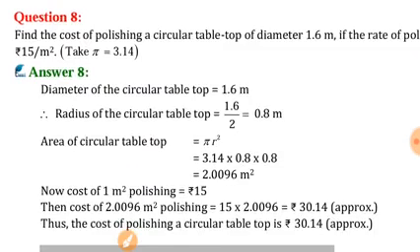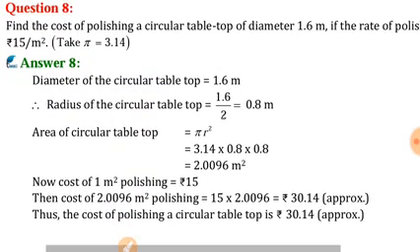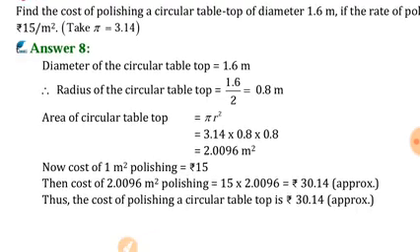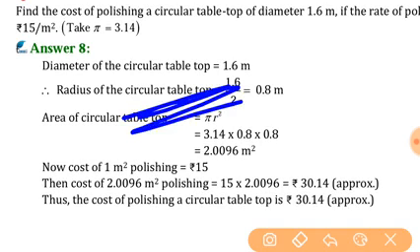So see the next question, the 8th one. Find the cost of polishing a circular tabletop of diameter 1.6 meter if the rate of polishing is 15 rupees per meter square. See, polishing means it is area, we can understand.